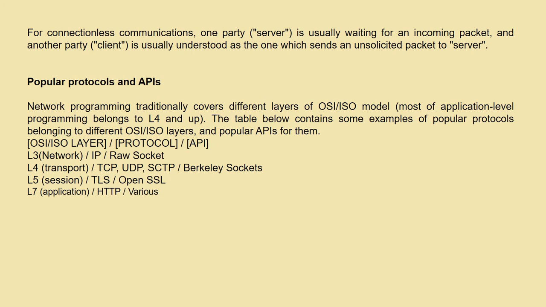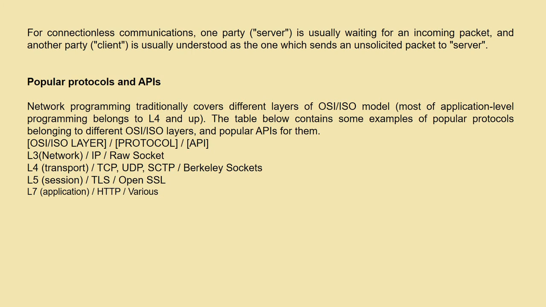Now some popular protocols and APIs. Network programming traditionally covers different layers of the OSI or ISO models. Most application level programming belongs to L4 and up.